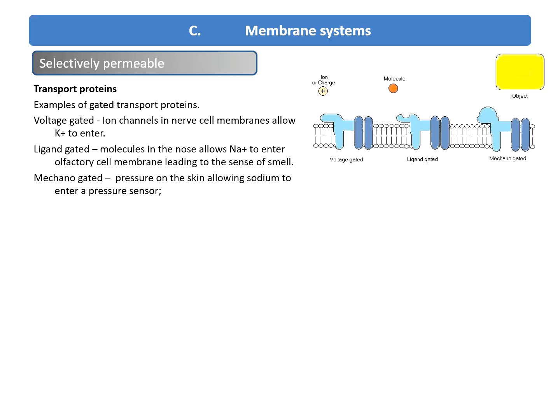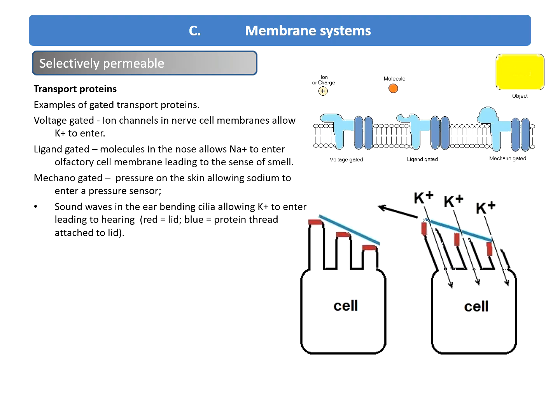Mechanogated include pressure on the skin, for example, which allows sodium to enter a pressure sensor. In the ear, sound waves actually tug on a protein cord, opening a lid, allowing potassium to enter and leading to the sense of hearing.